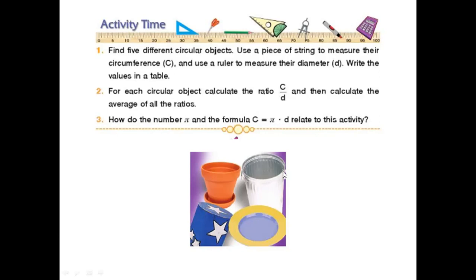For example, if you measure this circumference divided by its diameter and this one's circumference divided by its diameter, you get the same answer, pi. So it is an activity for you. If you are interested, you can get 5 different circular objects and do these experiments.